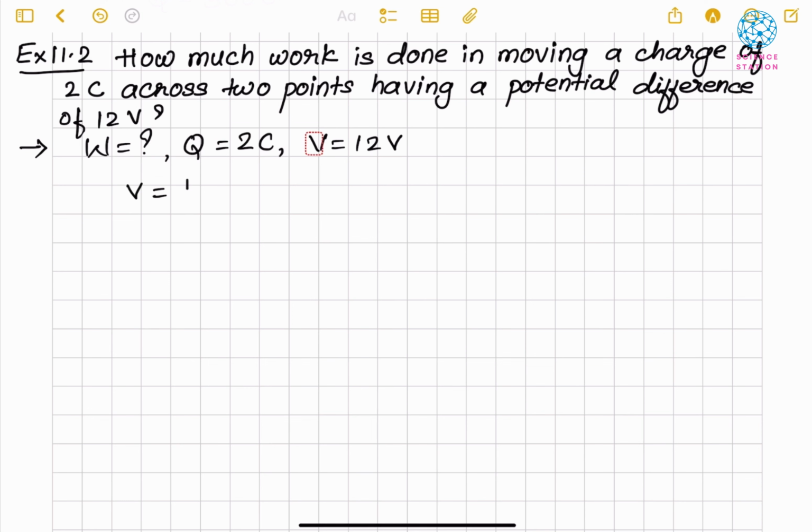So we know that V equal to W by Q. So from that W will be equal to QV. So that is 12 into 2, which is 24. So I got the work done as 24.